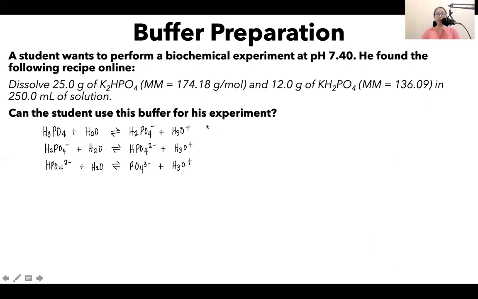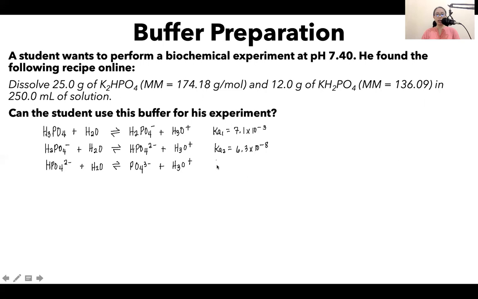And each of these steps has its corresponding Ka. For the first step, the Ka is equal to 7.1 times 10 raised to negative 3. The Ka for the second step is equal to 6.3 times 10 raised to negative 8.